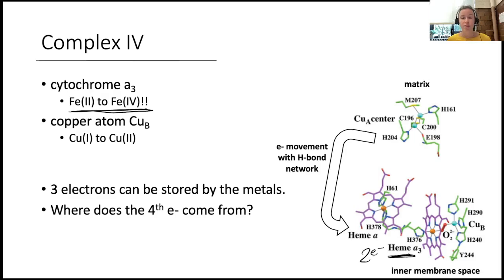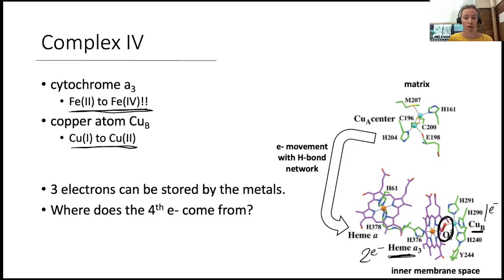So 2 electrons of 4 total are stored here. 1 electron is stored by copper center B. It can go from copper 1 to copper 2. This gives us 3 total electrons that are going to be used eventually to reduce oxygen to water.